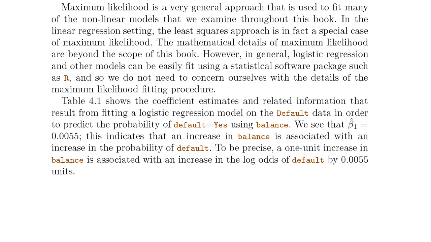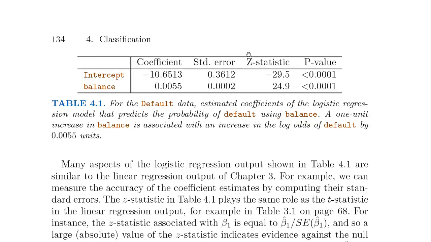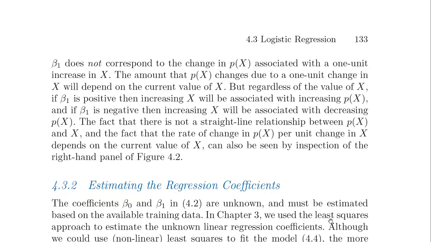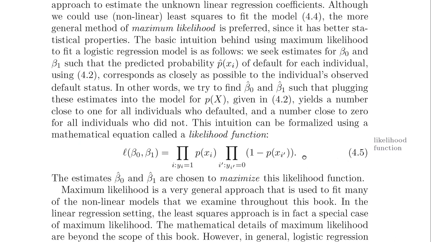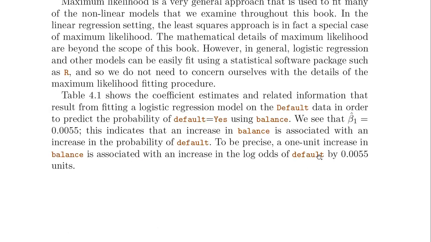Table 4.1, very familiar layout. If we go back to chapter 3, shows the coefficient estimates and related information that result from fitting a logistic regression model on the default data in order to predict the probability of default equals yes using balance.